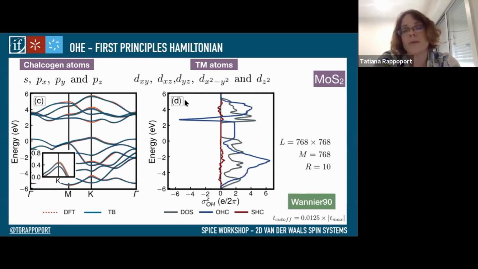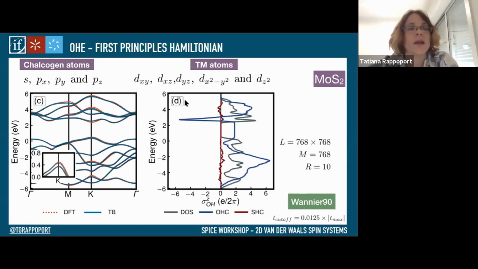So of course we had the same questions, and so we considered a first principle Hamiltonian of a TMD system, in this case MoS2, and we used Wannier90 to write an effective tight binding Hamiltonian for this system that takes into account spin orbit coupling. I think we consider 22 orbitals here.